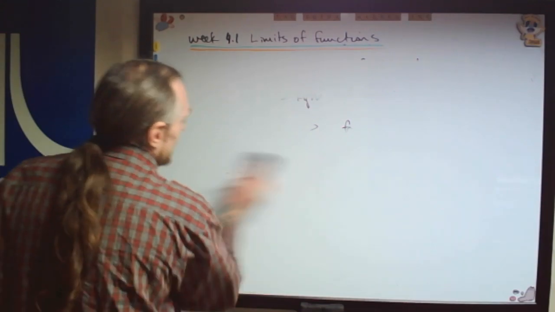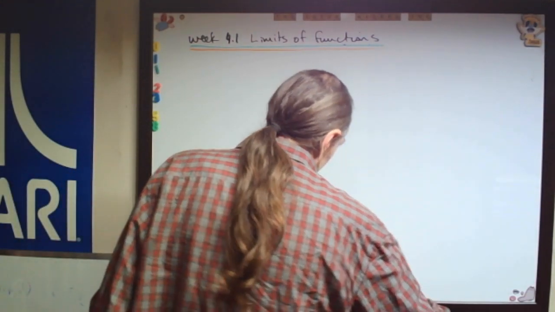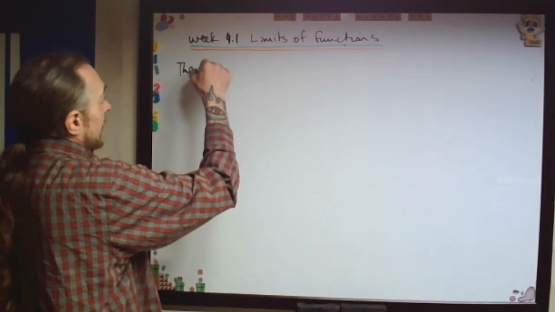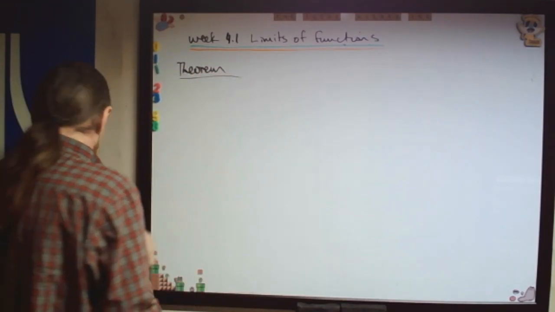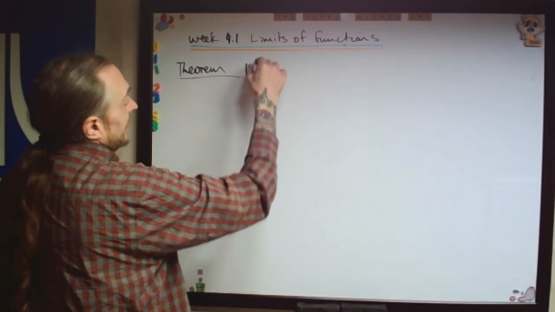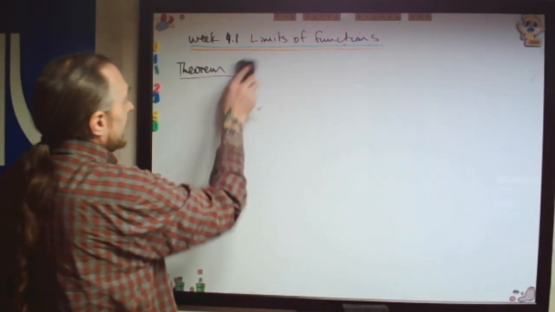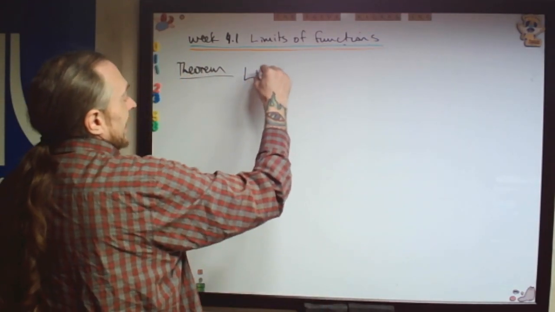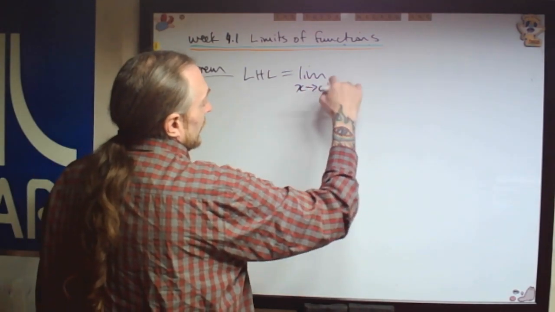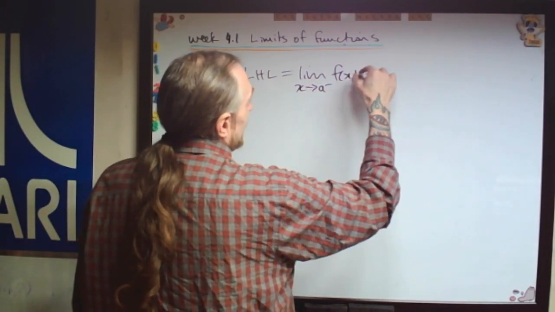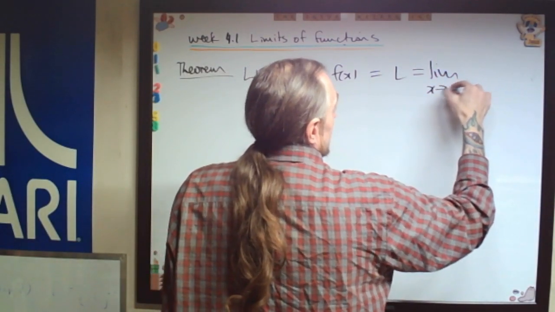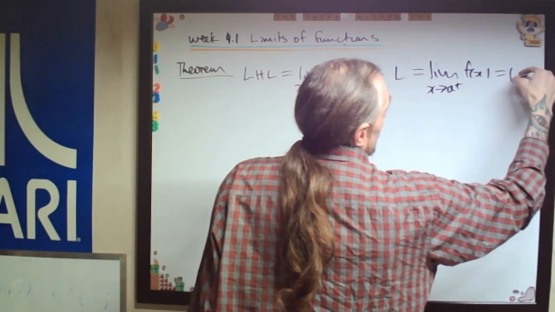Then we'll get back to case 2, and we'll show you how it's quite often good to split into the two cases. So, theorem. That one's almost done. The left-hand limit, let me write it like that: the limit as x approaches A from below of f of x equals L, which equals the limit as x approaches A from above of f of x, which is the right-hand limit.